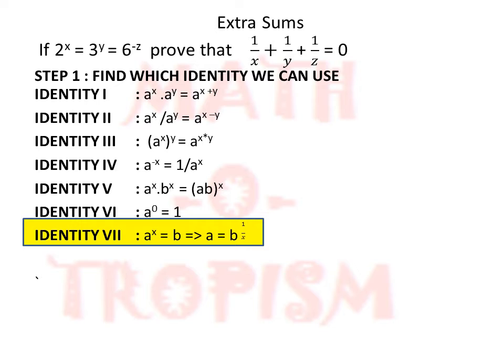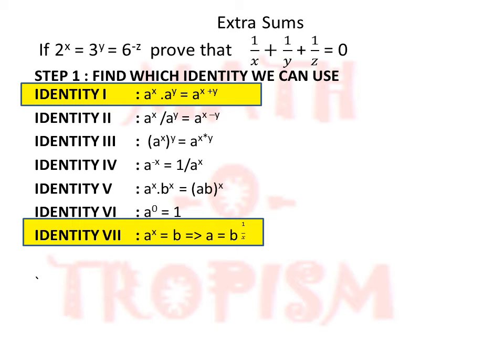Next, I will be multiplying 2 and 3. If I multiply 2 and 3, my powers are also going to get added, so I am going to do something with the powers. a power x into a power y is equal to a power x plus y, so we will also be using identity 1.